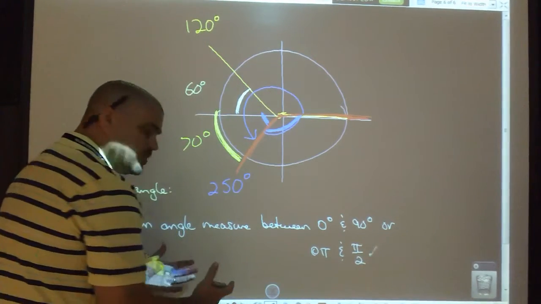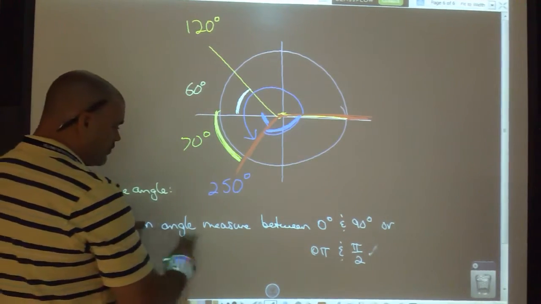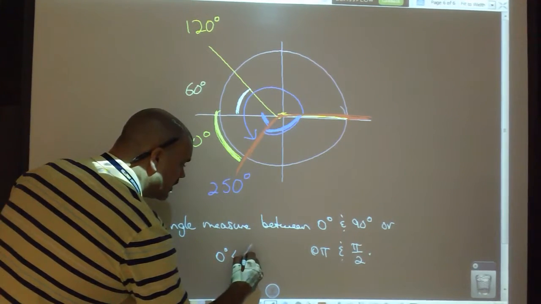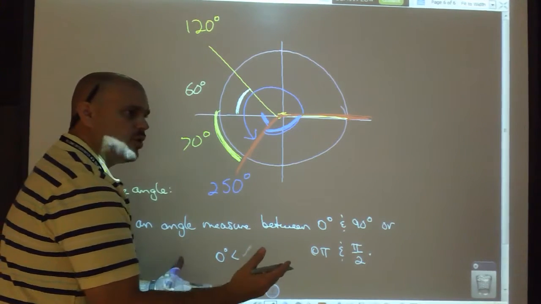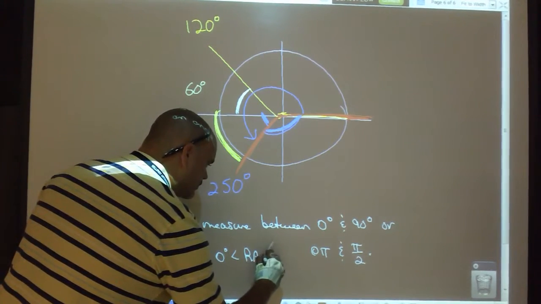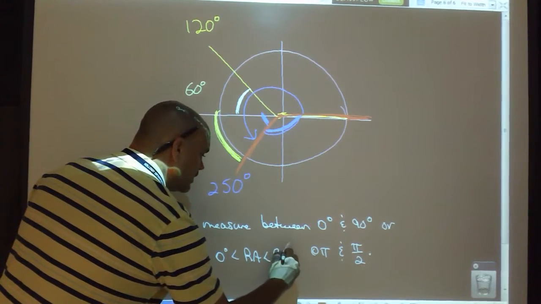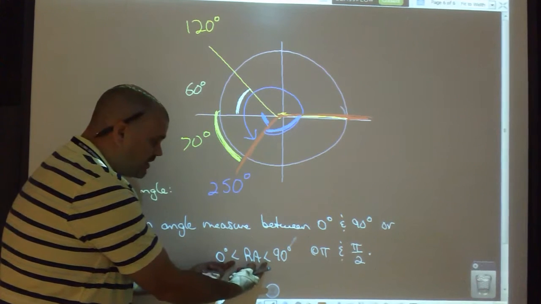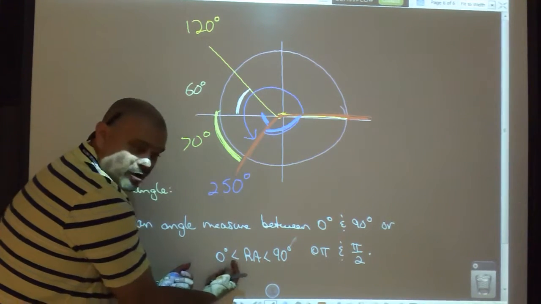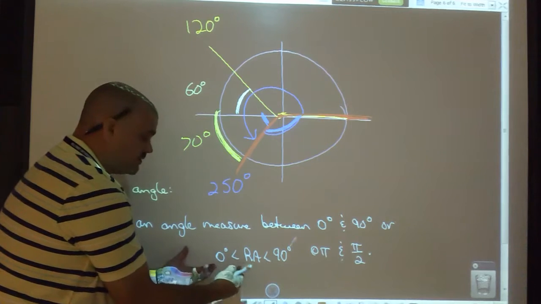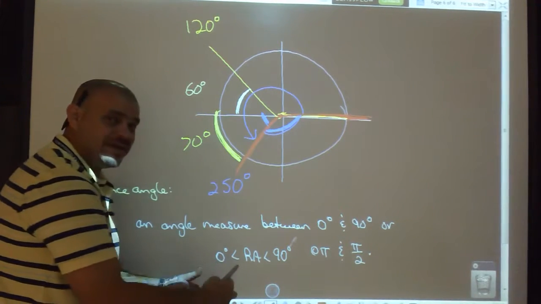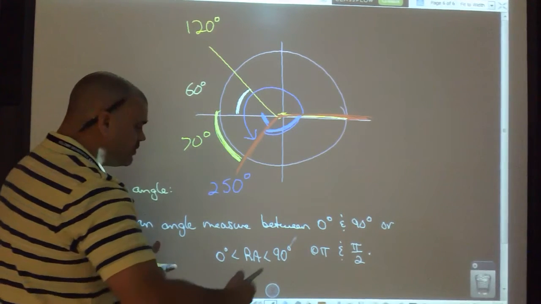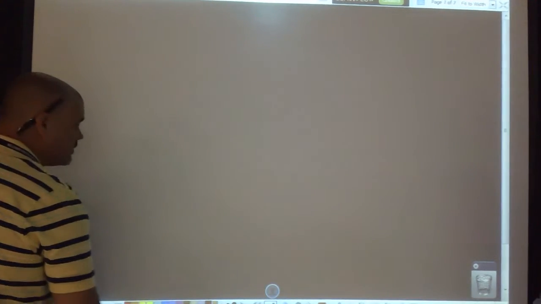Another way you might see this is that a reference angle, RA, is between 0 degrees and 90 degrees. Notice these two inequality symbols don't have the bar under them, because the bar means equal to, which would include 0 and include 90.